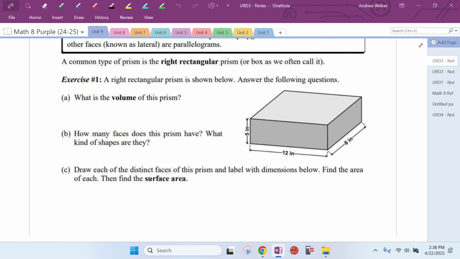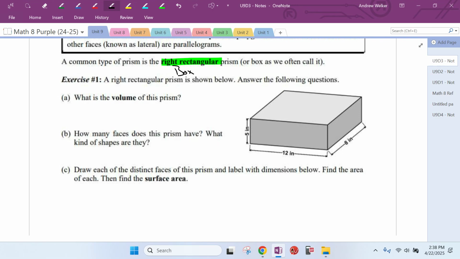And I just think of this as a box, right? A box of cereal, a box of candy, a shoebox, all of those are basically right rectangular prisms. So we want to find the volume of this prism. A right rectangular prism is shown below. Answer the following question: what is the volume of this prism?